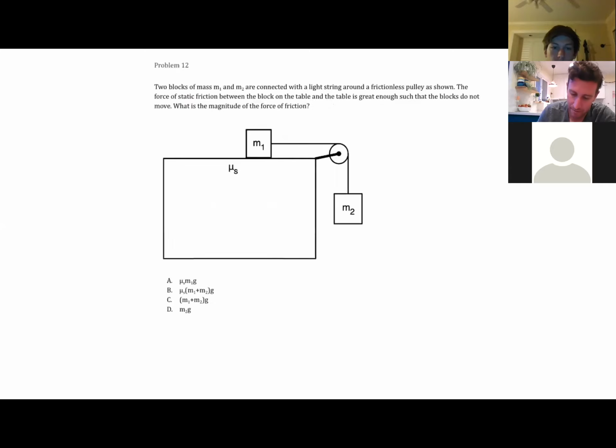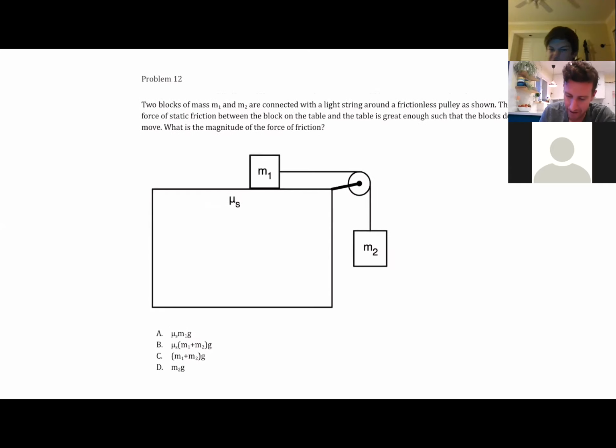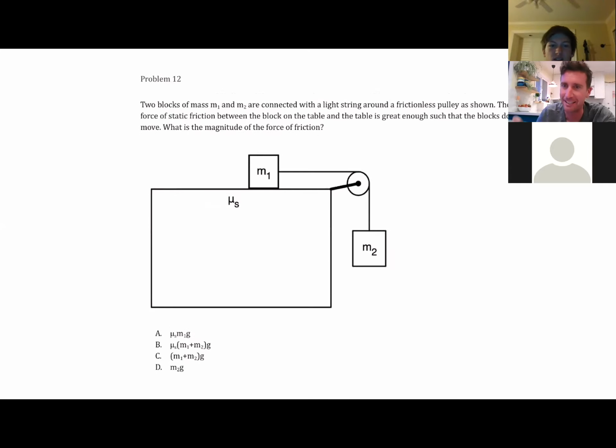All right. Next one, problem 12. Oh, an Atwood machine. All right, hold your disdain in. Two blocks of mass M1 and M2 are connected with a light string around a frictionless pulley as shown. The force of static friction between the block on the table and the table is great enough such that the blocks do not move.